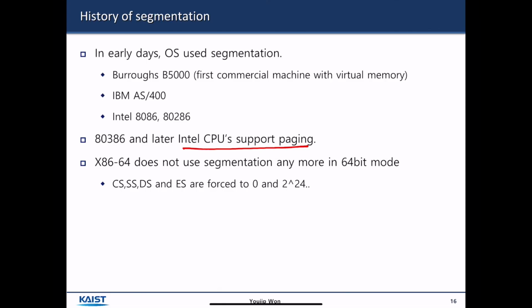These days, the 64-bit x86 architecture does not use segmentation anymore. It sets the CS, SS, DS, and ES values to 0. Now these are all the base registers for the segments.